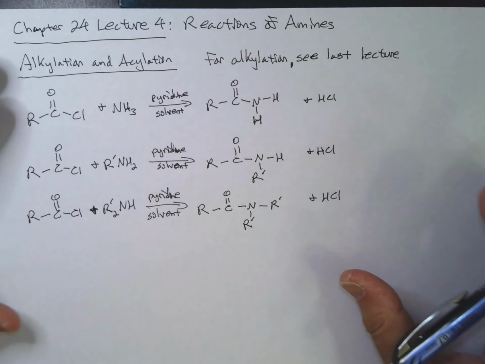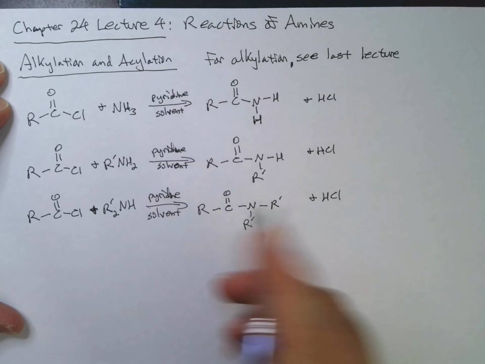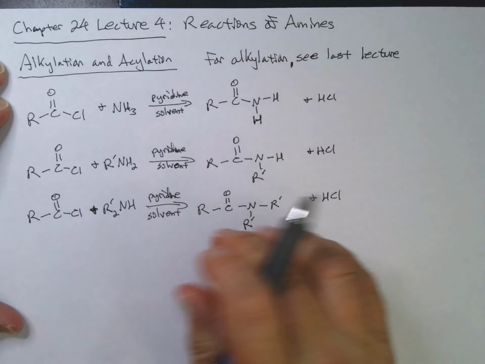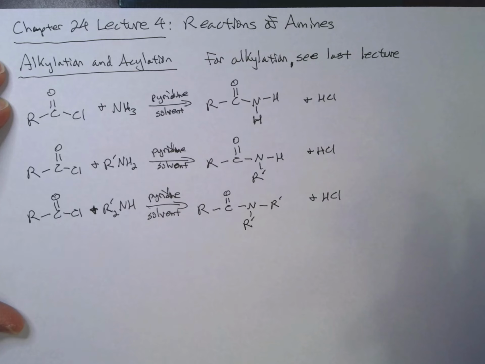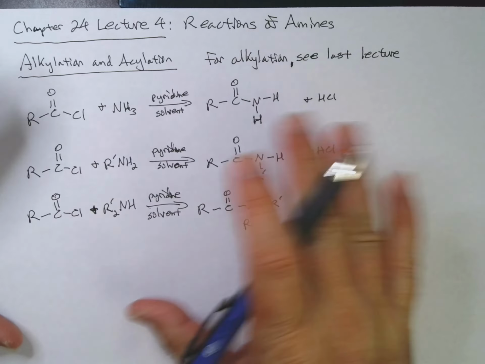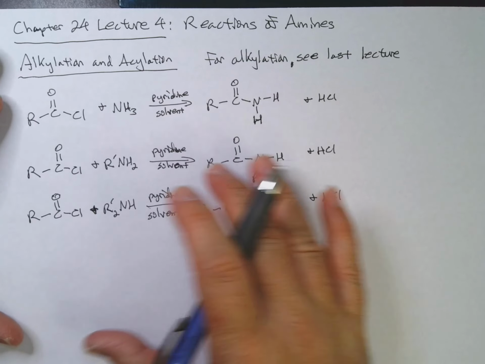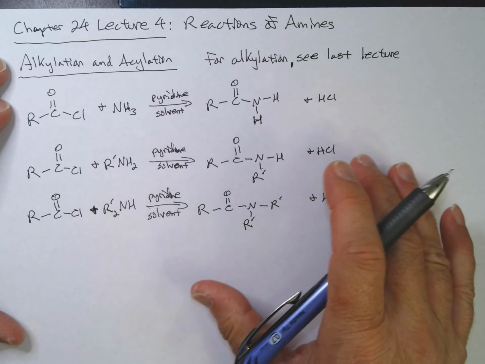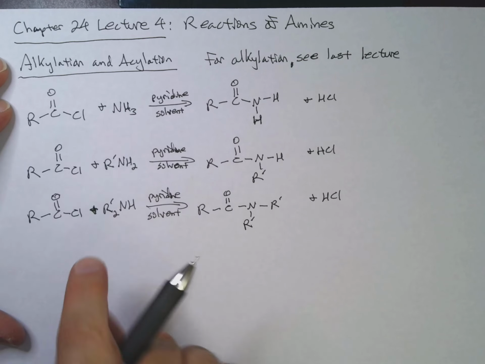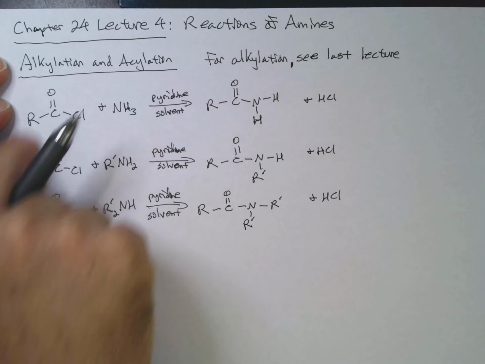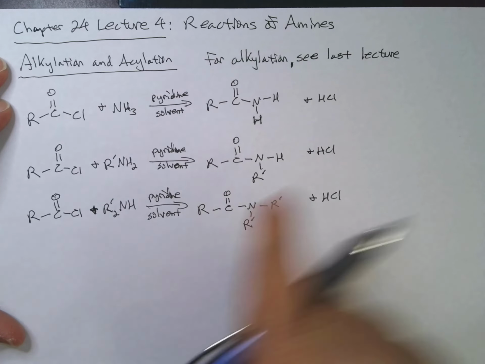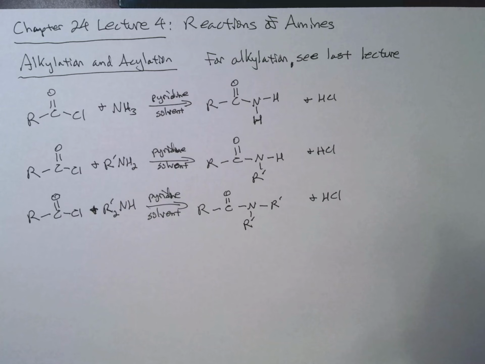So, we saw that before, quaternary ammonium salts, but not so much for the amides. All right. So we've seen alkylation and you saw acylation in chapter 21, but this is looking at it more from the point of view of the amine and then adding an acyl group to the amine to make an amide.